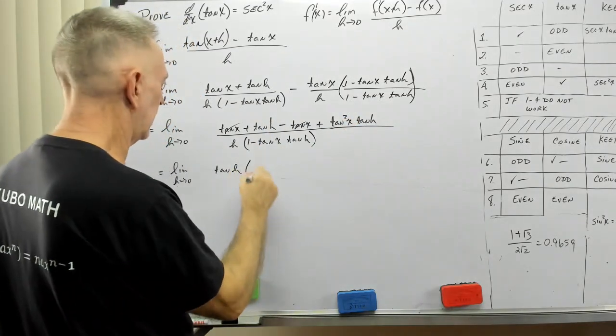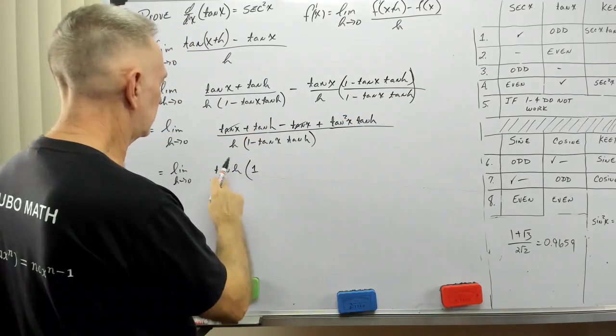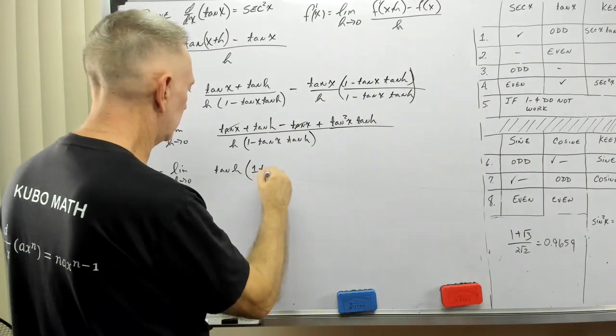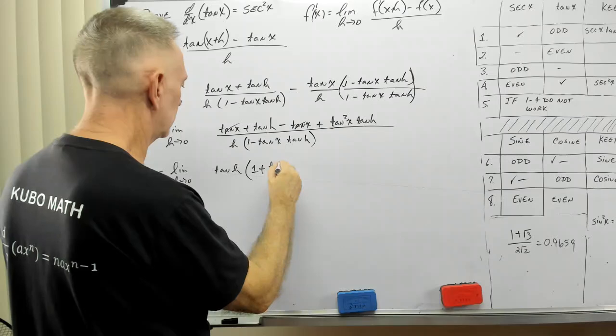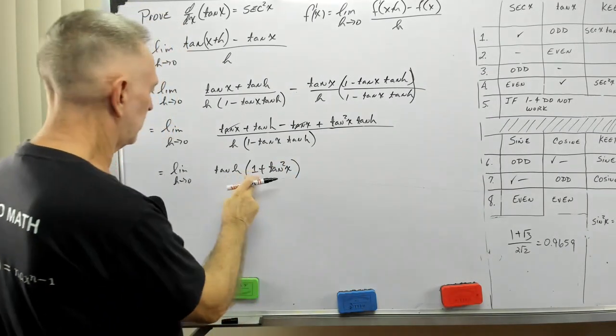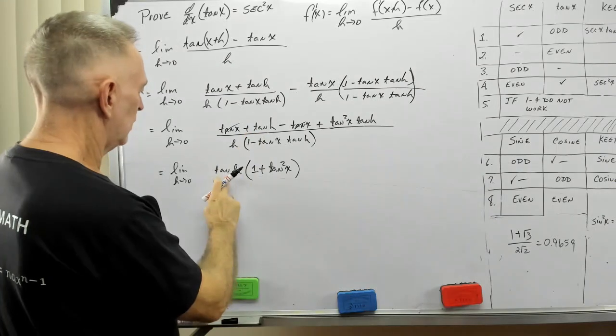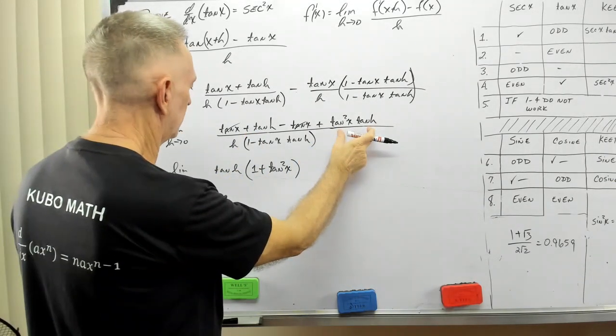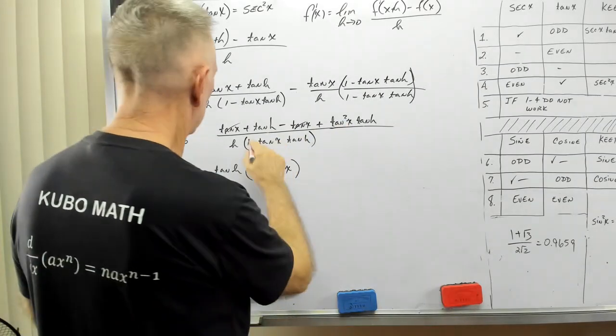Let me factor that. Tangent h times 1 would give me this tangent h, plus tangent squared x. If I multiply this, I get that term. Multiply tangent h times tangent squared x, I get this term. Okay, what else is left?